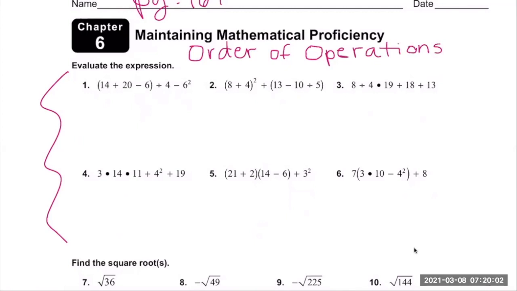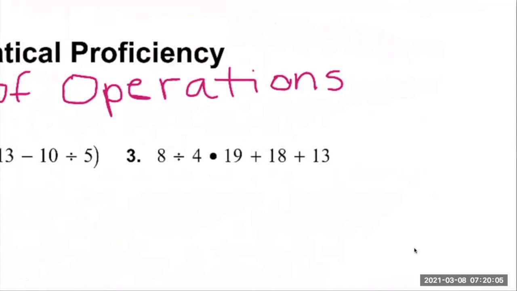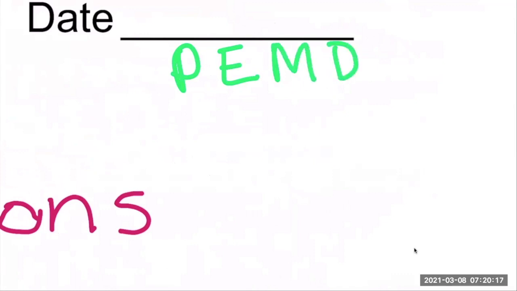There are two things that we can use to help us remember the correct order in which we do things. The first, which I'm sure many of you remember, is PEMDAS: Please excuse my dear Aunt Sally.